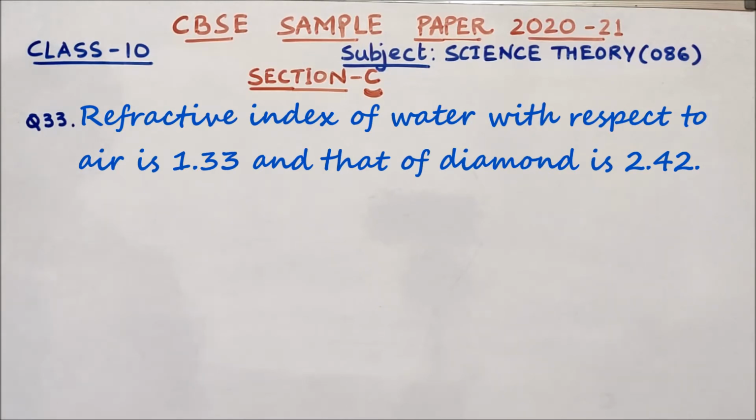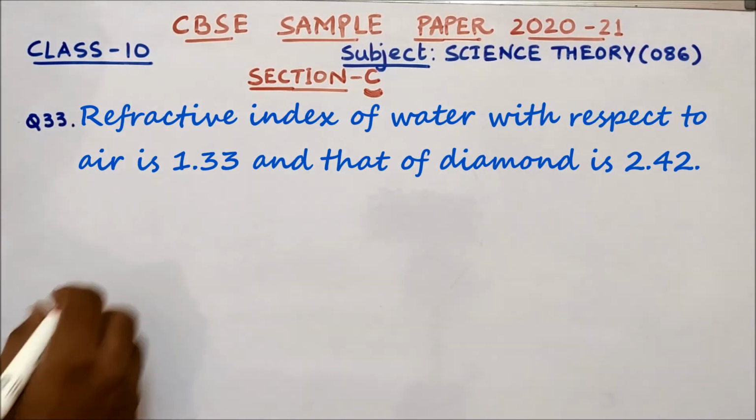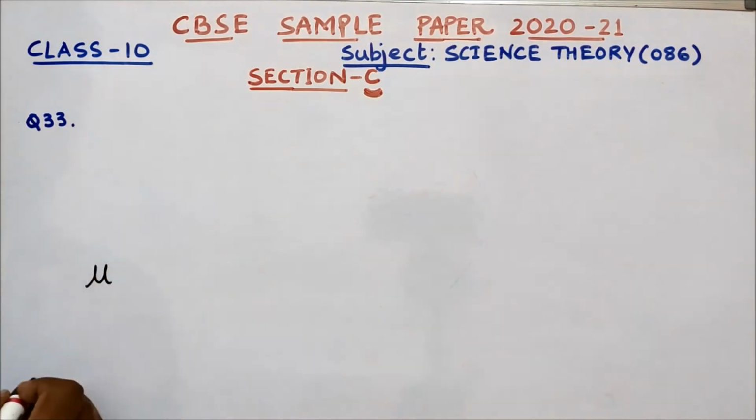Refractive index of water with respect to air is 1.33 and that of diamond is 2.42. Let me write the data for you. The refractive index of water is an absolute refractive index.